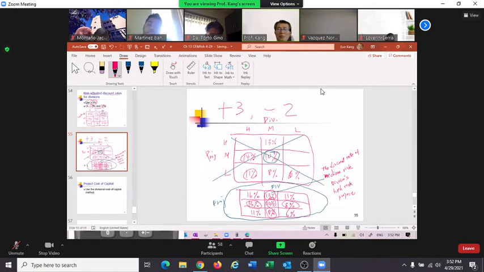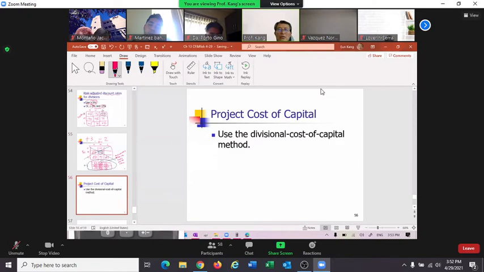So that is how to use our risk analysis. Then another methodology is that you use project cost of capital.